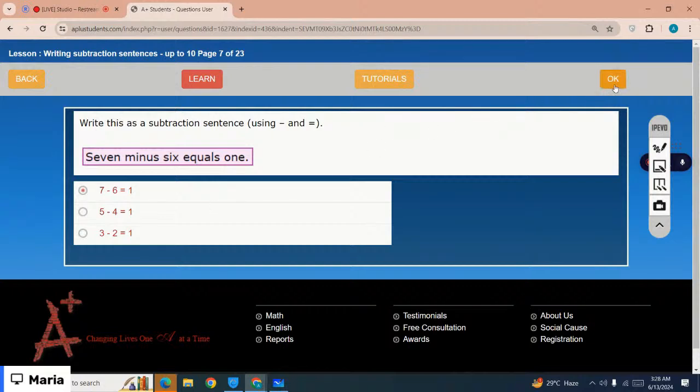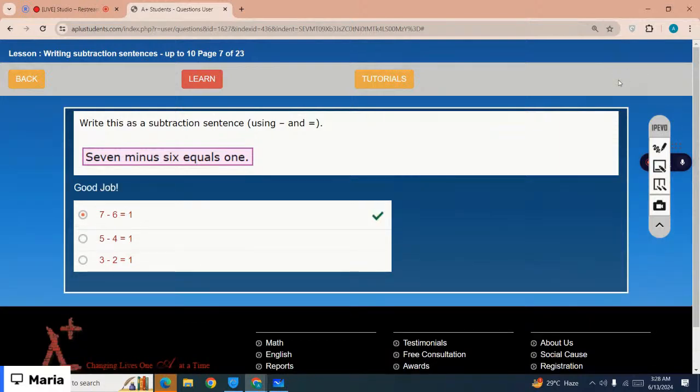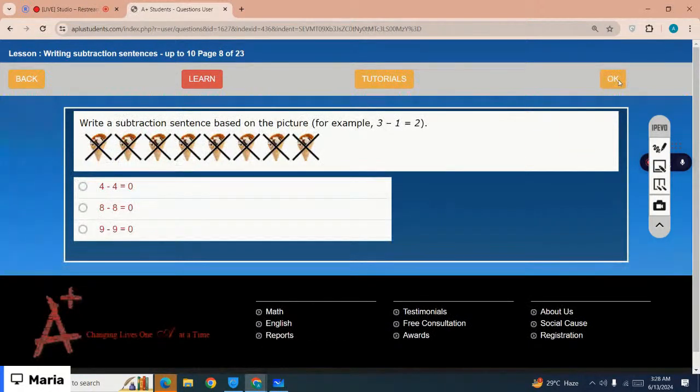You have to replace the words with the signs, right? Write a subtraction sentence based on the picture. So which is the correct option?